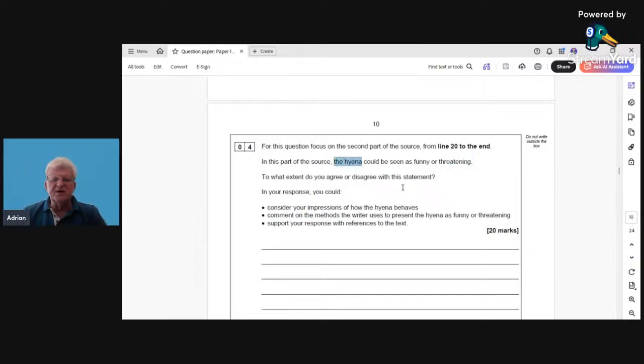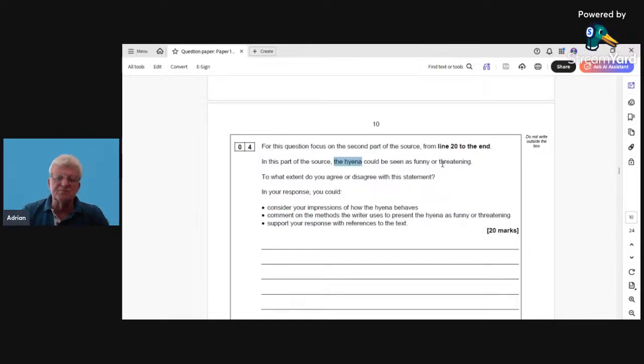And this bit is, you don't have to totally agree or totally disagree. It may be a partial agreement with the statement. Do we see this as funny or threatening? It's not a black and white question.